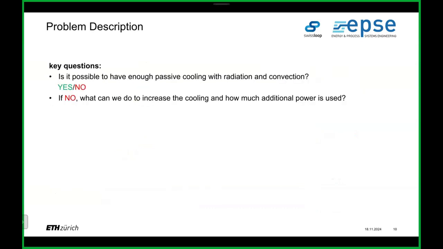Here you can see the two key questions I answered in my thesis, and I will also answer them in this presentation. The first one is: is it possible to have enough passive cooling with radiation and convection, yes or no? And the second one is, if no, what can we do to increase the cooling and how much additional power is used for that?